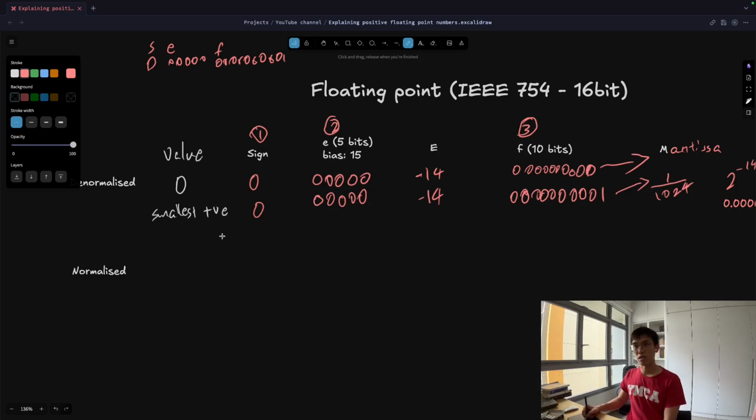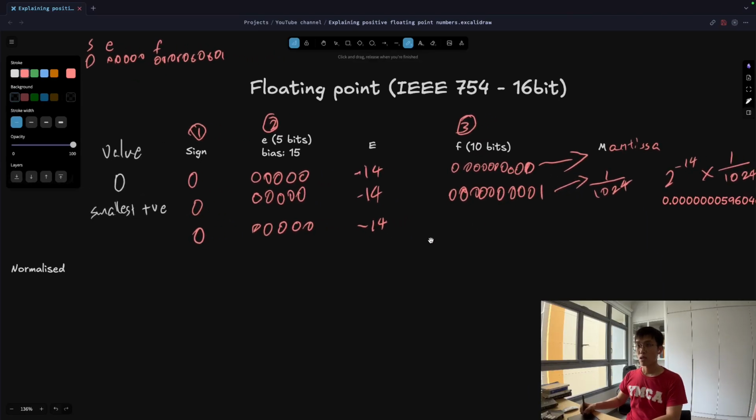Let's use another random example just to understand this denormalized form a little bit better. So 0 here, because it's denormalized, we have 5 zeros here. The exponent, again, is 2 to the negative 14. And let's say, I don't know, 0, 1, 0, 0, 1, and 1, 1, 0, 1, 0.